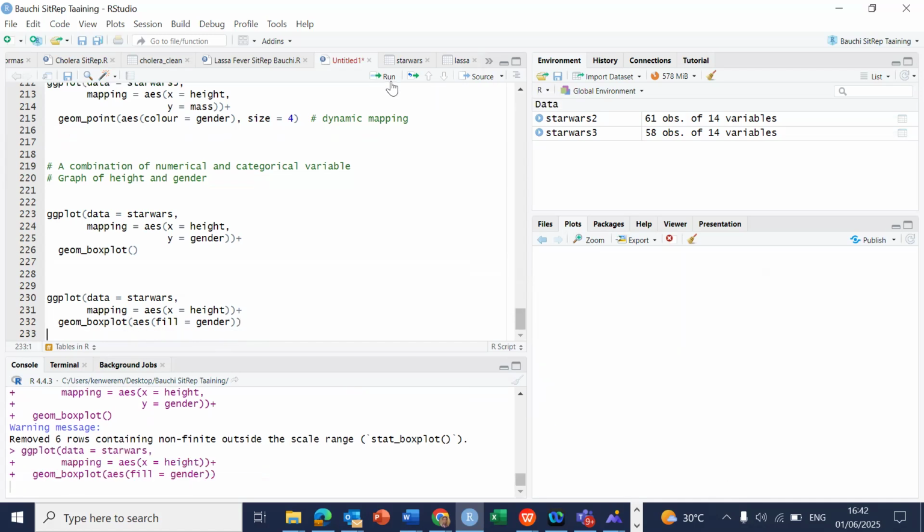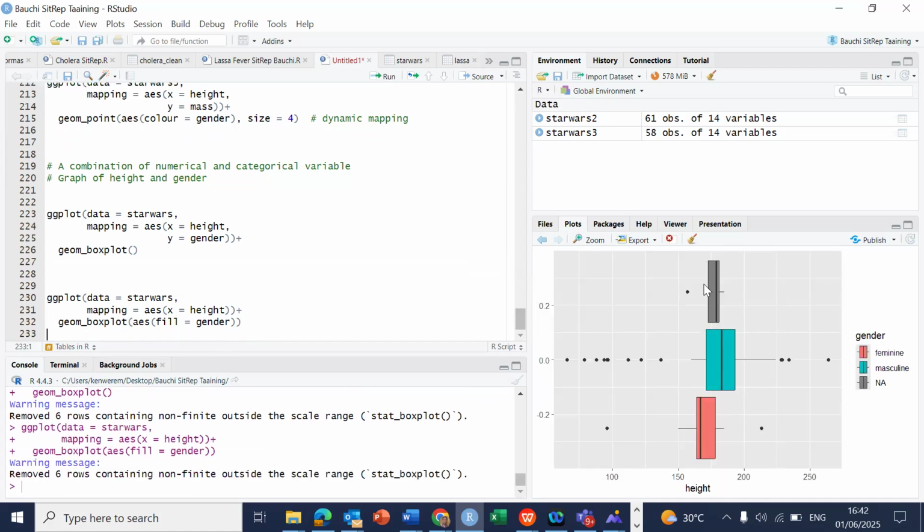So if I run this, it still does the same thing, but this time around it's filling them with colors of the gender variable. Does that make sense? Yep.